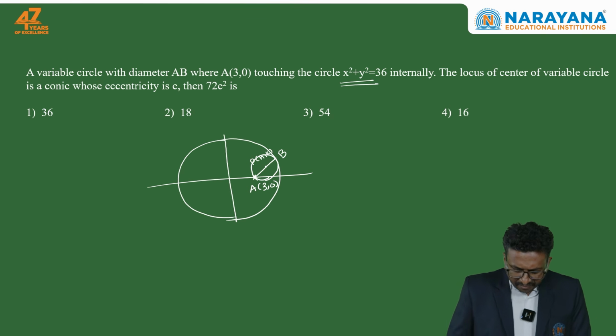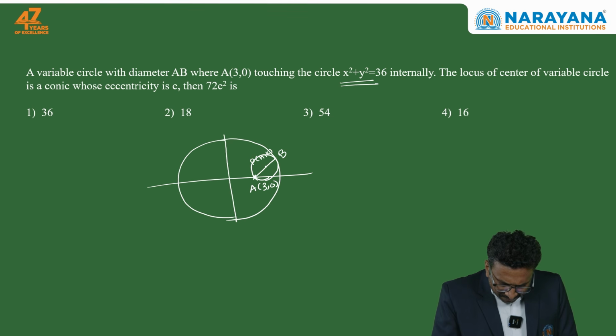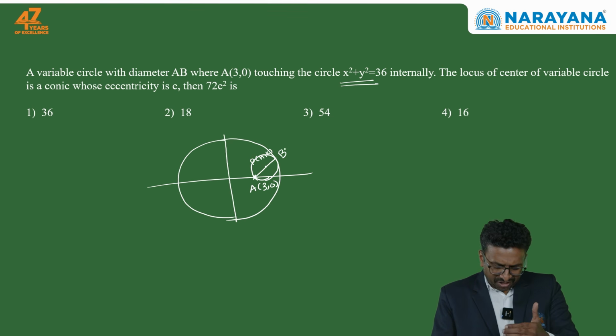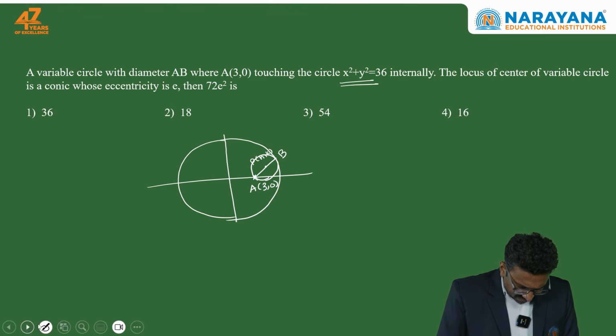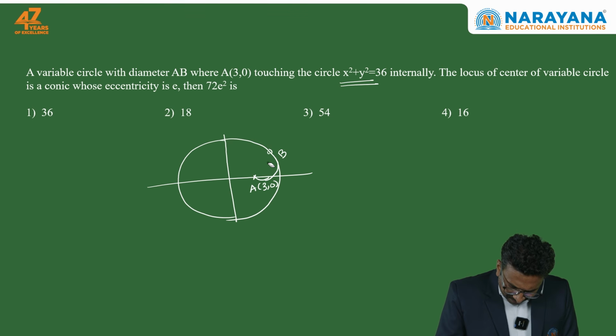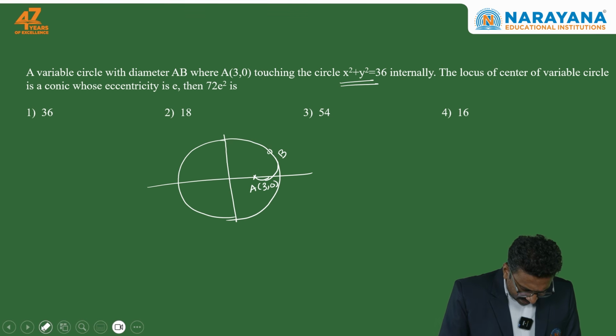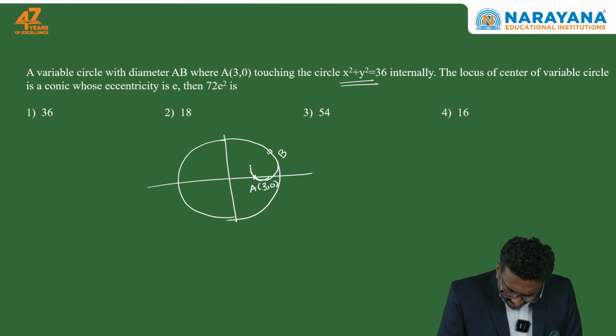Now we know that actually the circle need not touch the given circle at the end point of the diameter. It's just said that AB is the diameter, right? So let us say that this circle and this circle are touching each other at some point. Now we know that the center of the second circle and this touching point will be collinear.